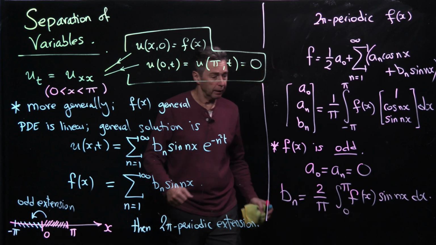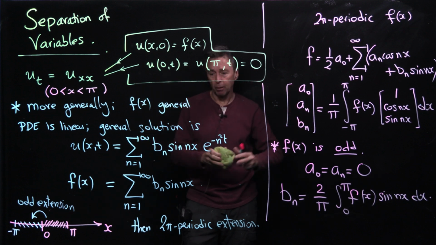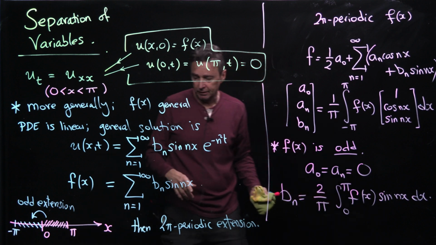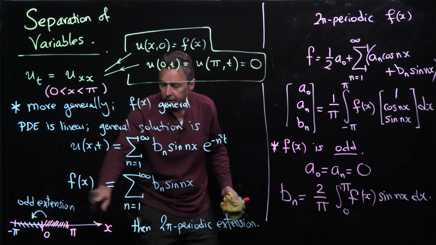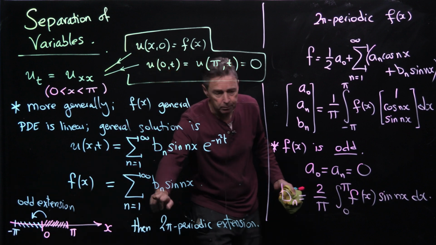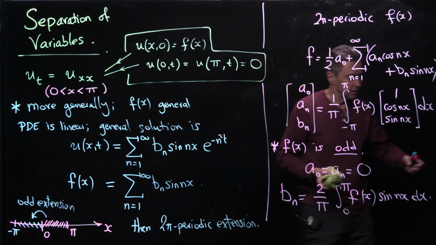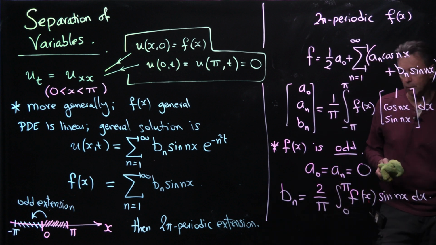That's the formula for the bn. So at this point, I've now solved the problem. The Fourier series theory tells me that I'm justified in representing f of x as a bunch of sines, and it gives me the formula for the bn. Okay, so let me summarize all of that in more detail.